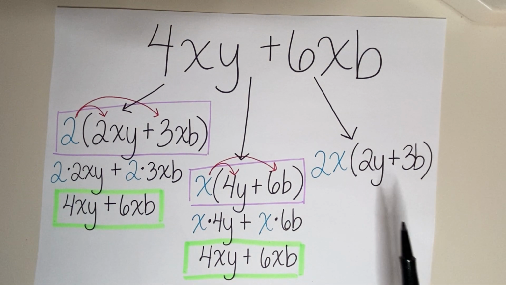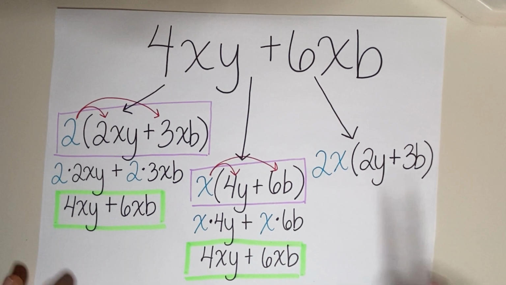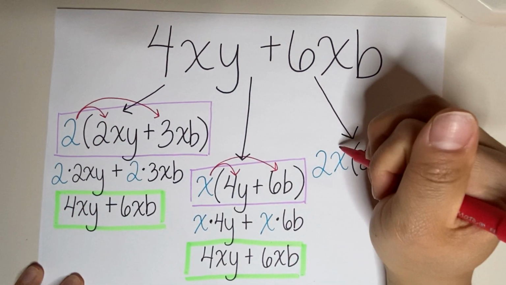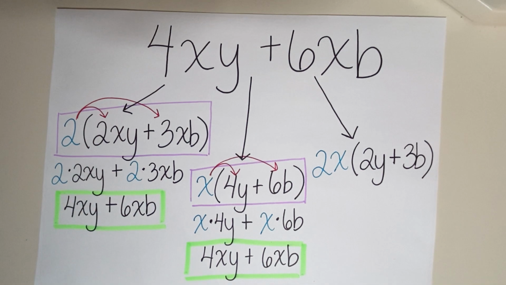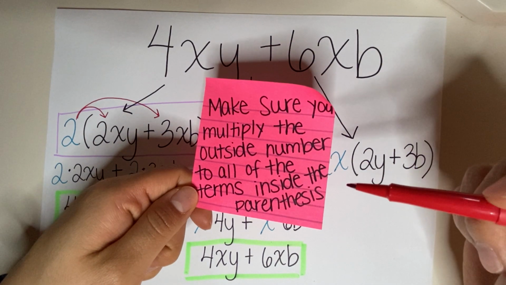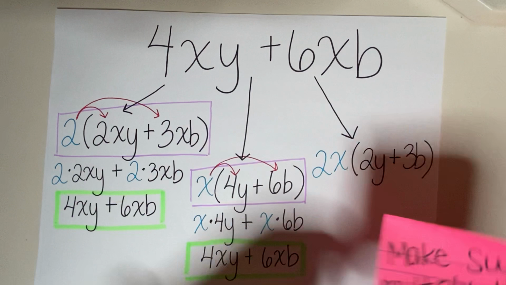So you might be wondering, whoa, this looks crazy. Well, let's prove it by using the distributive property to show that this has the same value as this up top. So again, distributive property, we need to make sure you multiply the outside number to all of the terms inside the parentheses.